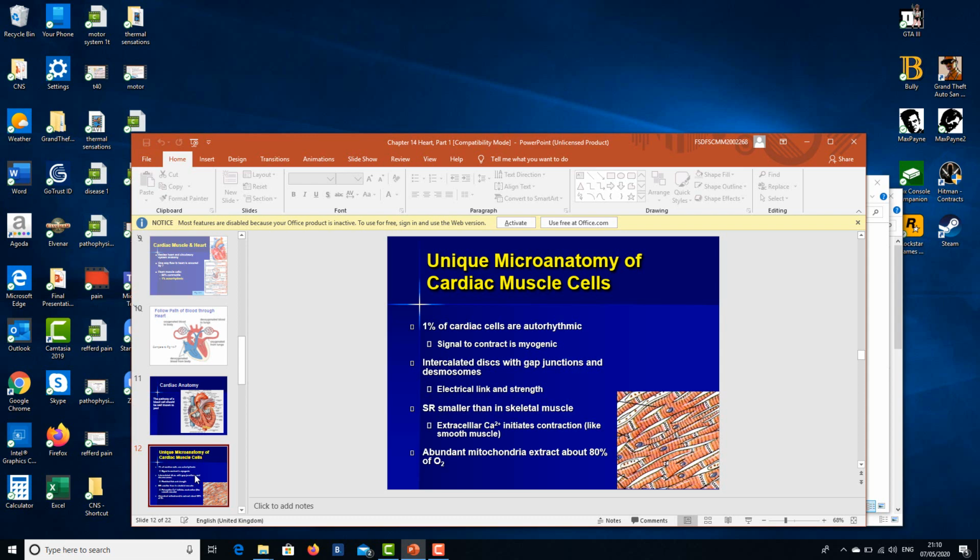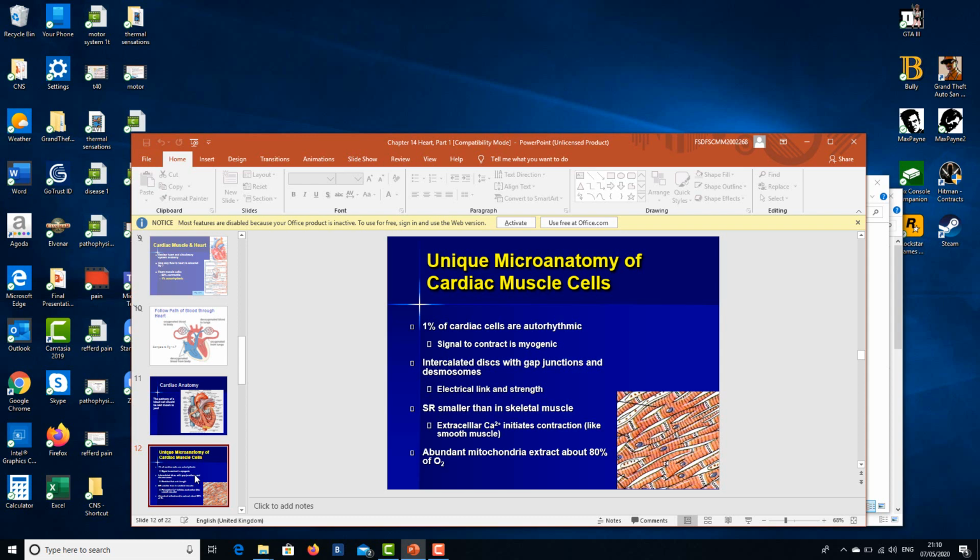You should know that there is presence of the intercalated disks with gap junctions and desmosomes. These cardiac muscle cells are branched, and all the different muscle cells are joined to one another with the help of intercalated disks.